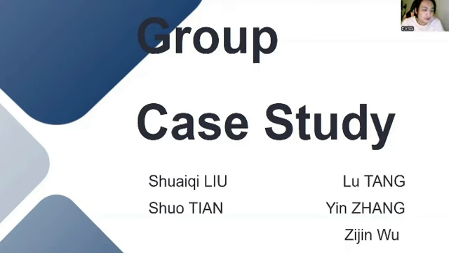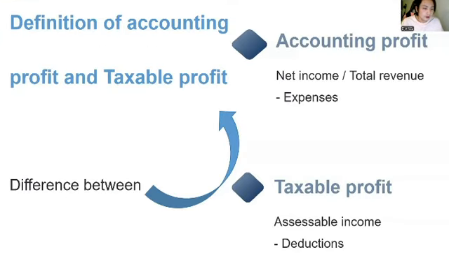So, firstly, I will discuss the difference between accounting profit and taxable profit. Before beginning, we need to figure out the definition of accounting profit and taxable profit. Accounting profit reflects business financial performance according to accounting standards.